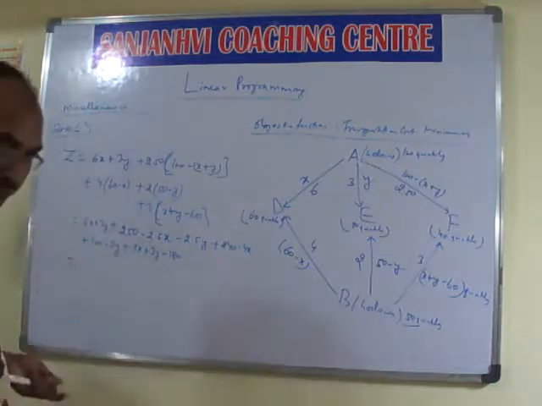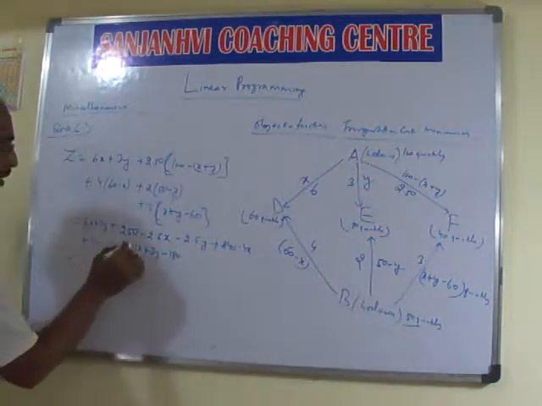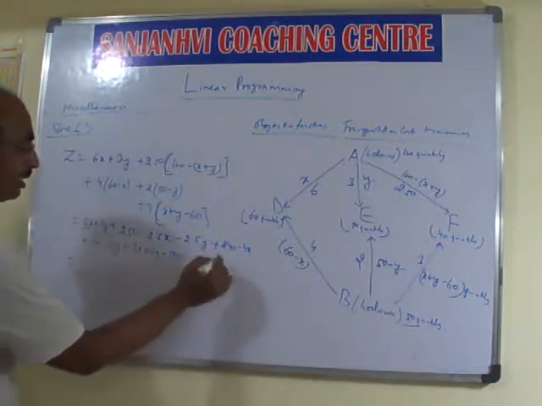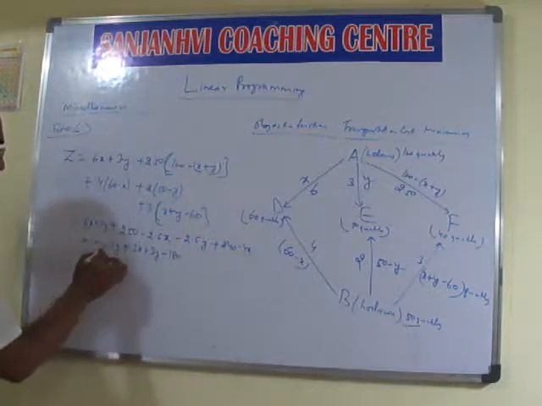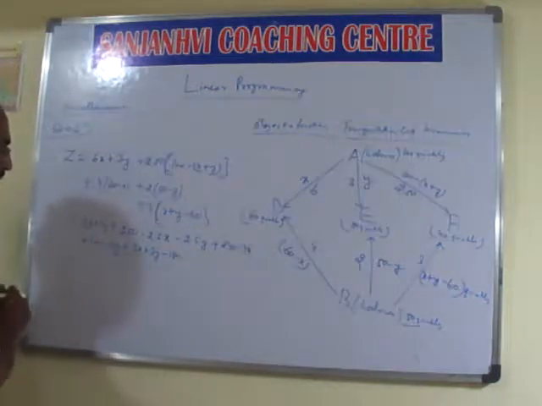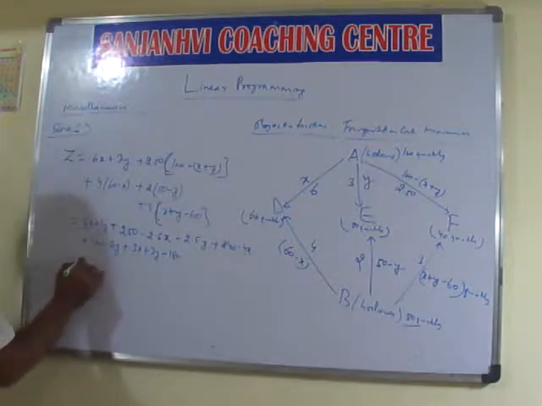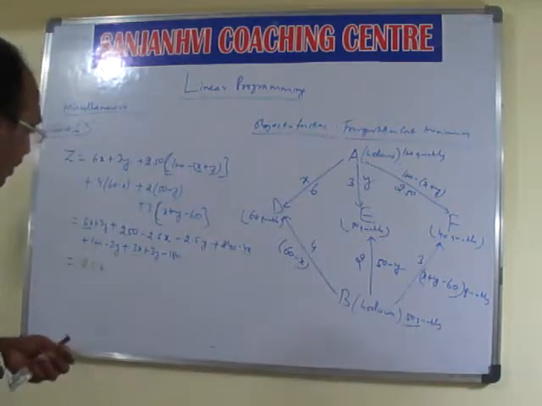6x minus 4x will give you 2x. 2x plus 3x is 5x. 5x minus 2.5x gives us 2.5x.